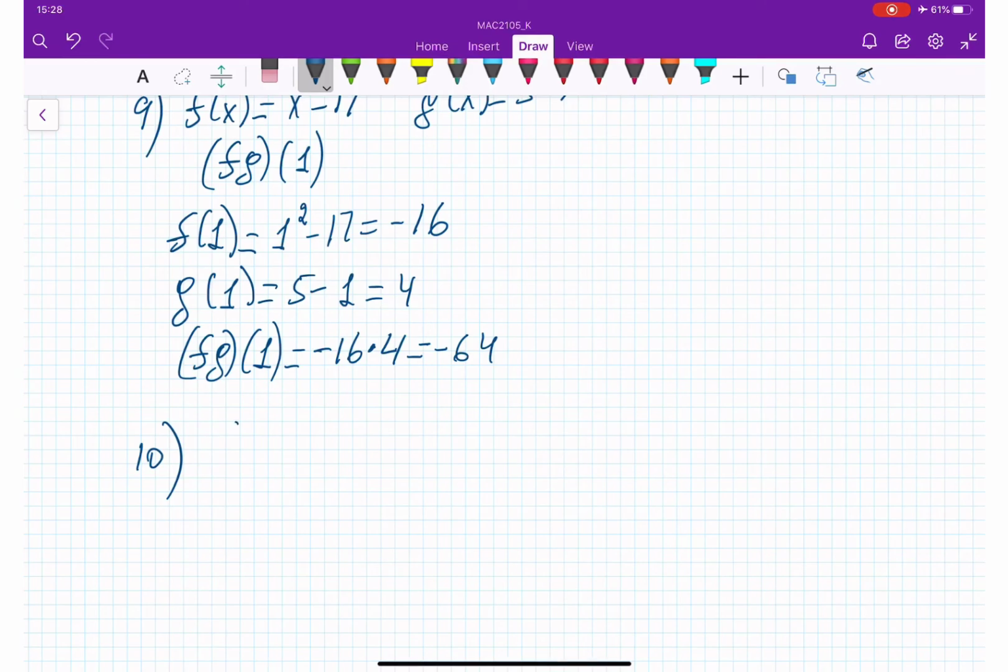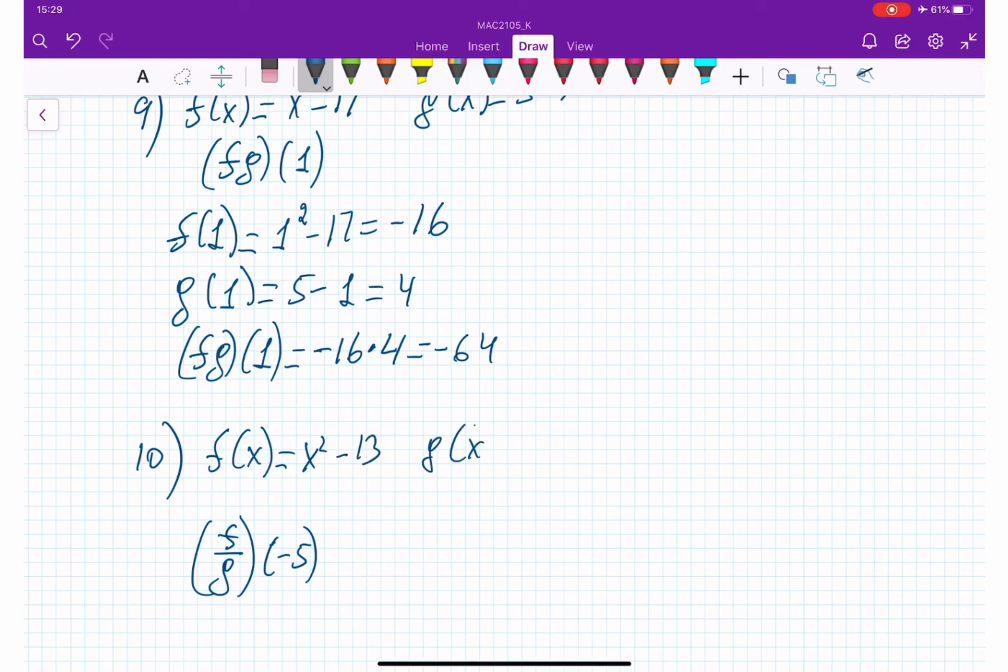f over g, division, for -5. We need to find out. Okay. f of x is equal to x squared minus 13, and g of x is equal to 8 minus x.